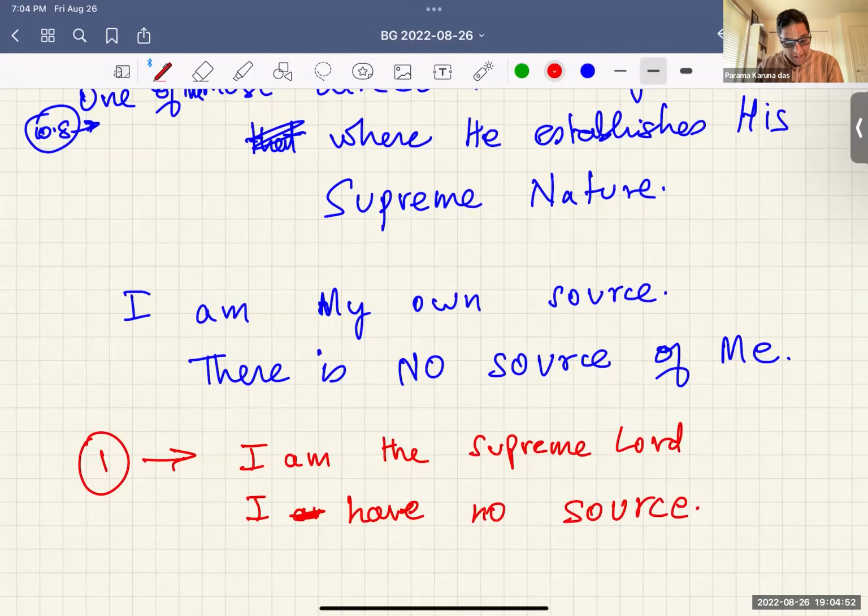So yo mam ajam anadim cha. So yo means those who know me, mam, as ajam. Ajam means unborn, no janma. There has been no janma, which means there is no birth for the Lord.